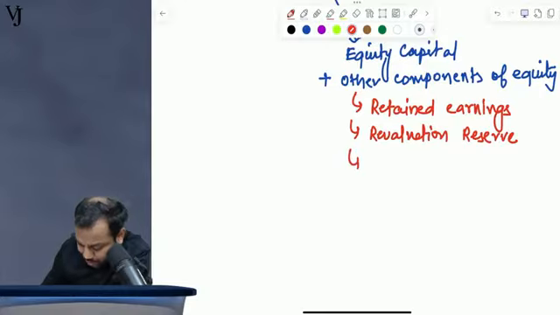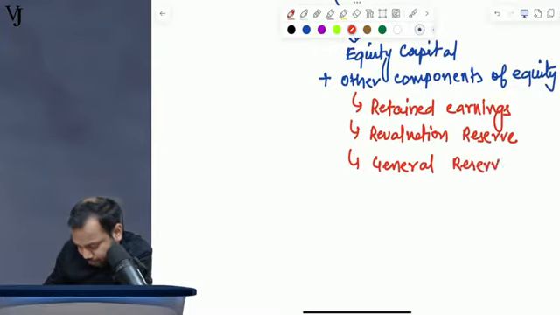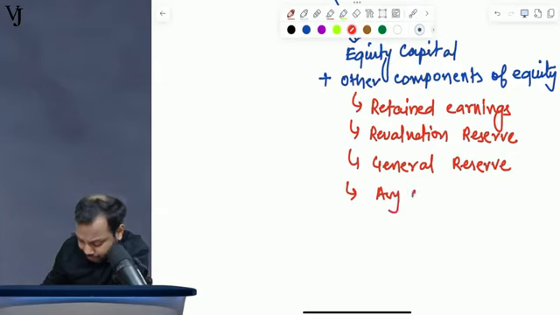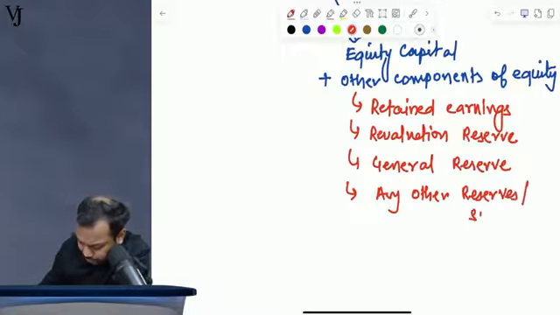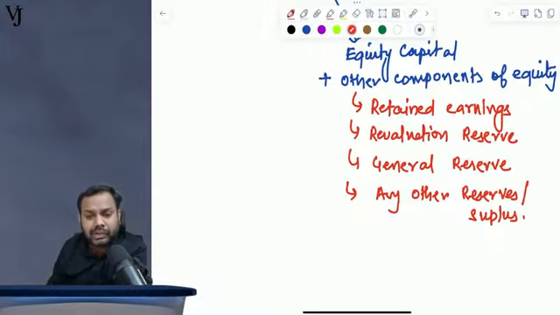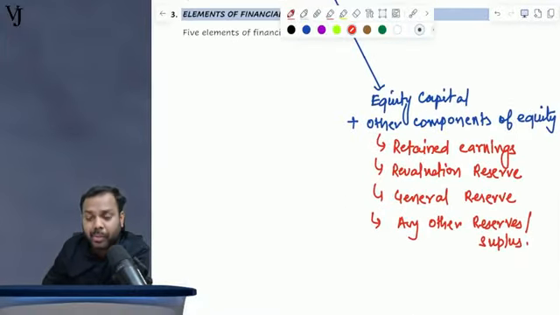It can have any other general reserve. It can have any other reserves or surplus. That is what is called as other components of equity.